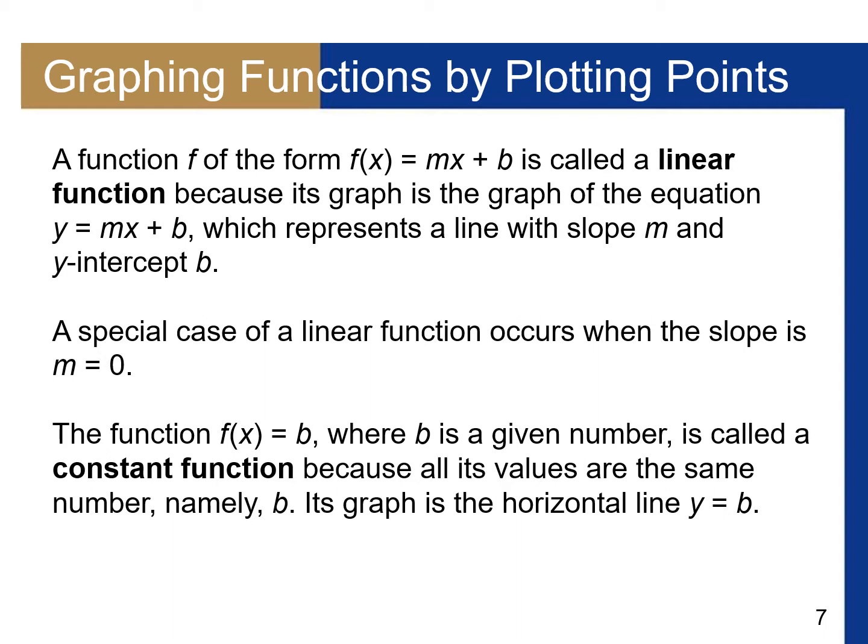A special case of linear functions occurs when the slope is 0. Obviously, when the slope is 0, this whole term is wiped out. The function f of x equals b, what you would have left if m equals 0, is called a constant function, and it has a horizontal line, y equals b.